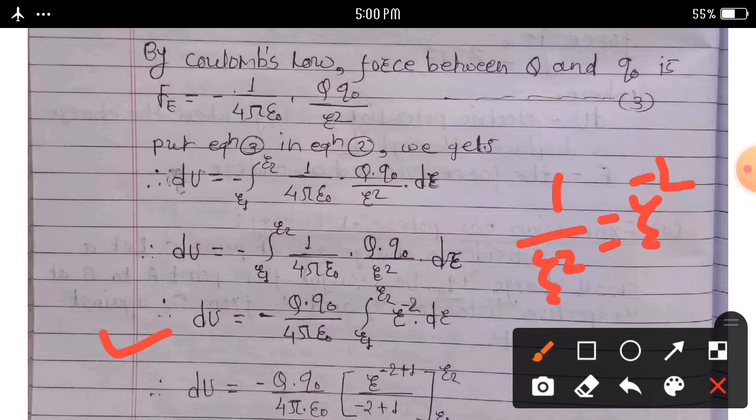Then dU is equal to minus q into q0 upon 4 pi epsilon naught, integration from r1 to r2 of r raised to minus 2 into dr.